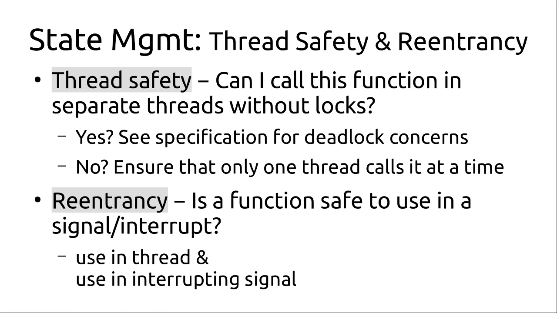You either need to wrap the calls to that function in a lock yourself, or you need to ensure that effectively one thread calls it at a time in some other way, right? But this is really hard because what if a library calls that function and your client application calls that function? How do they both know the same lock to take to protect the data structure, right? So generally, this is one of those big questions, whether the API is thread safe or not. Most modern APIs are thread safe.